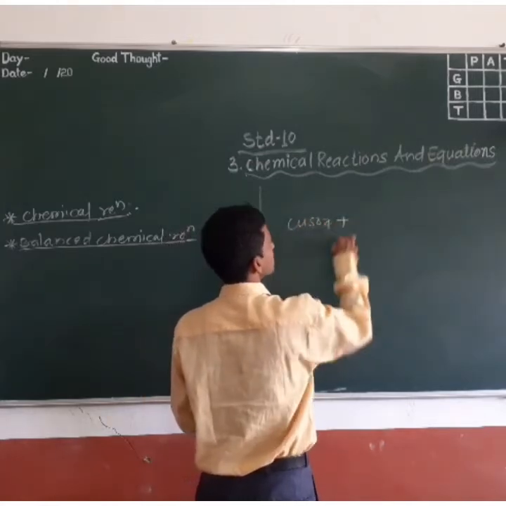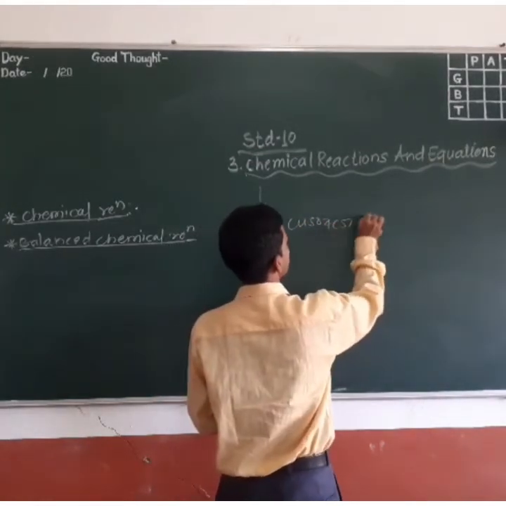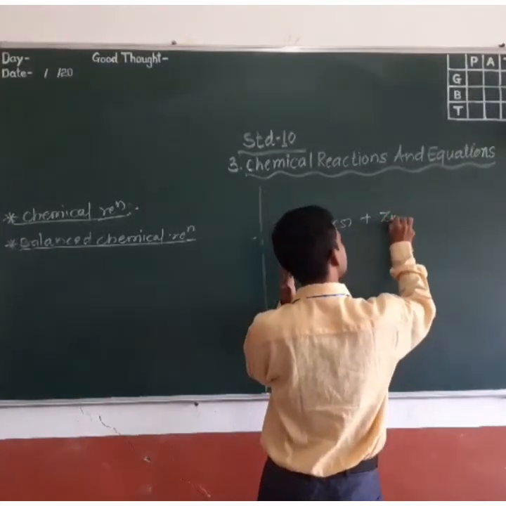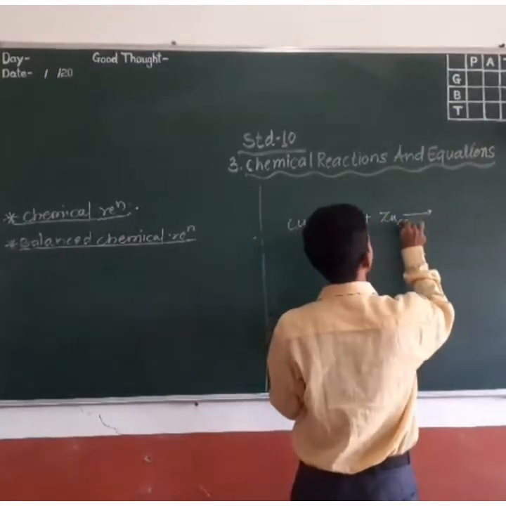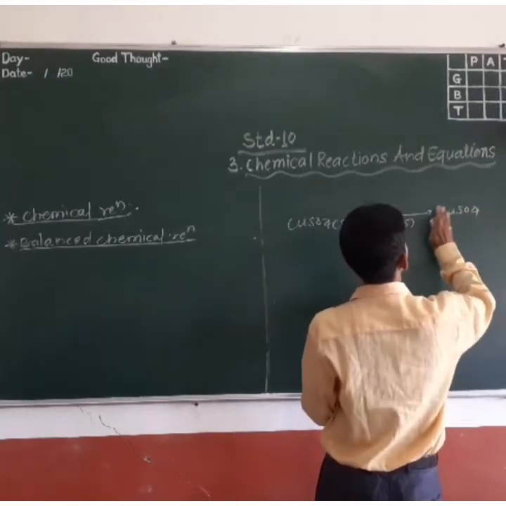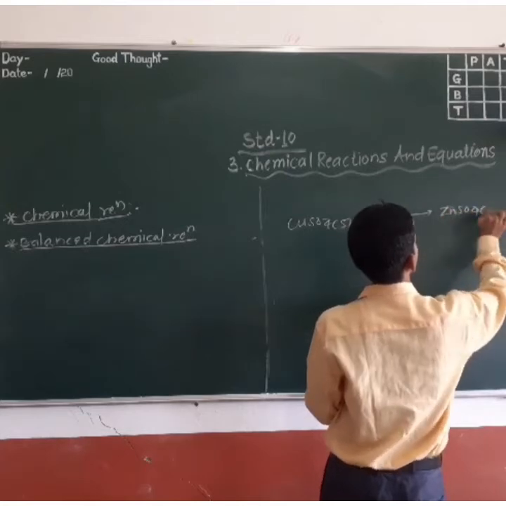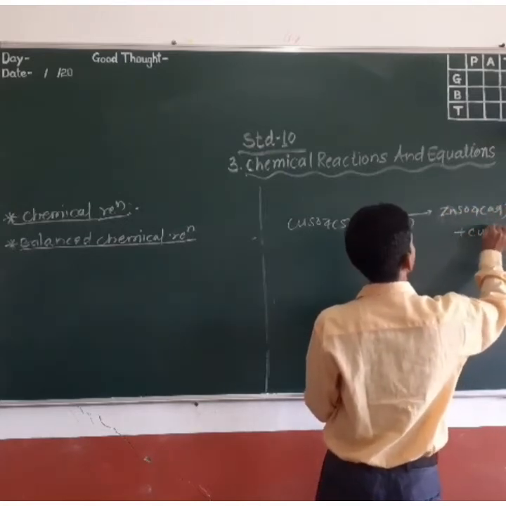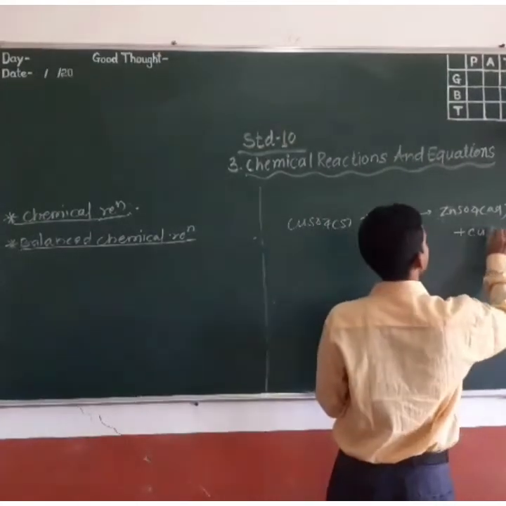For example, CuSO4 plus zinc, a solid, to form ZnSO4, aqueous, plus Cu, a precipitate.